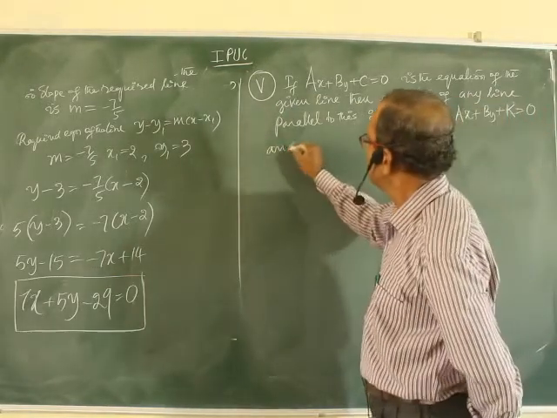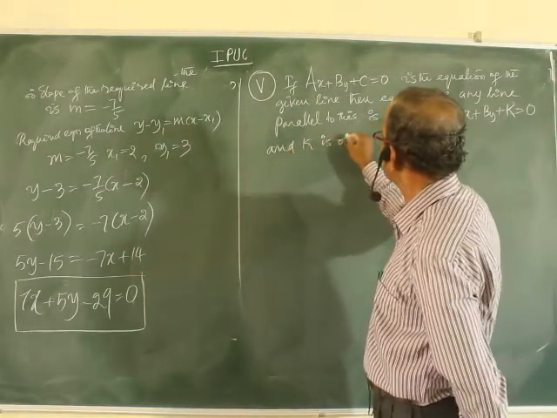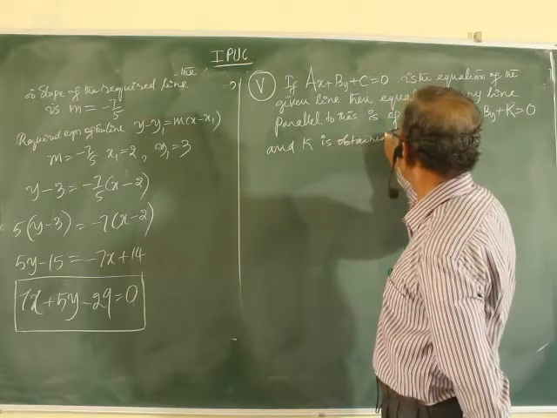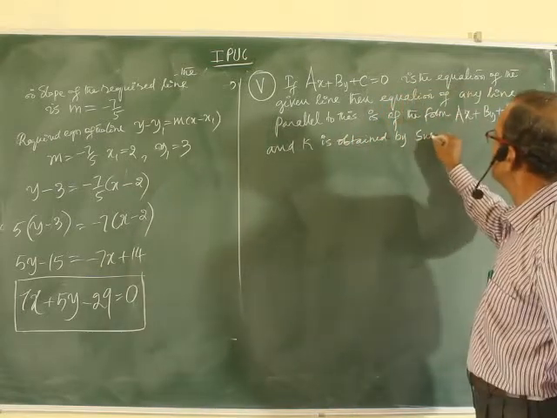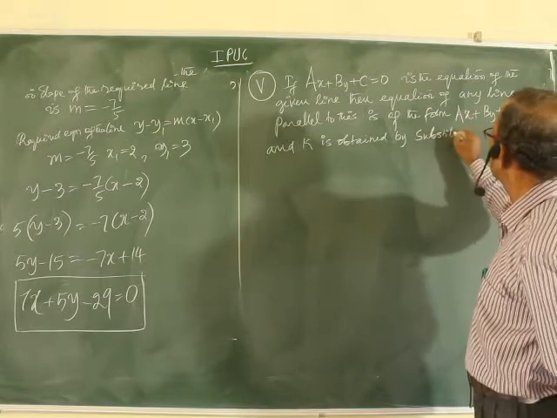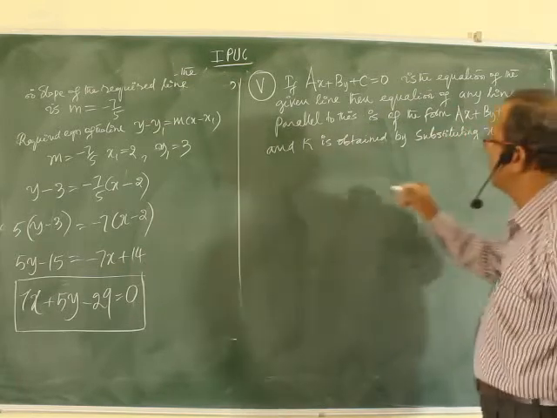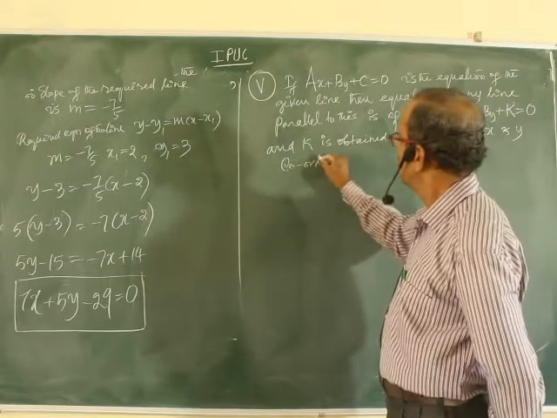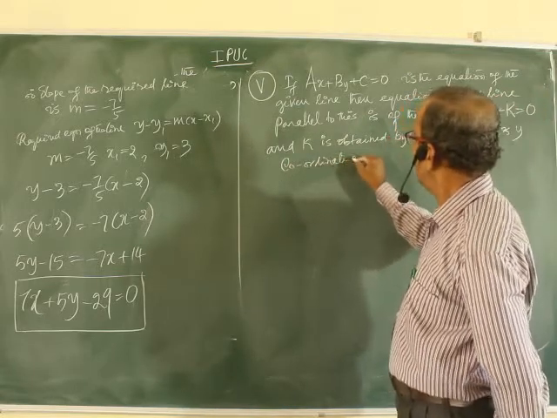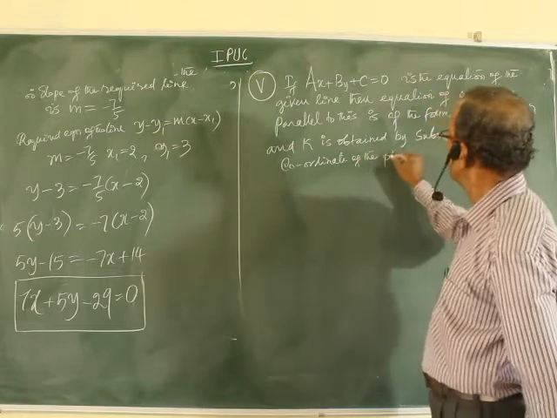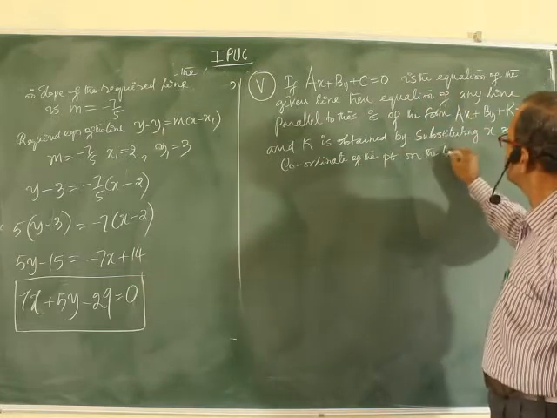Let me call it k. The equation of any number of parallel lines has the same x and y terms. And k is obtained by substituting the x and y coordinates of the point on the line.